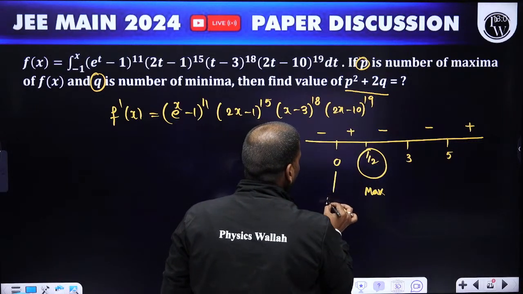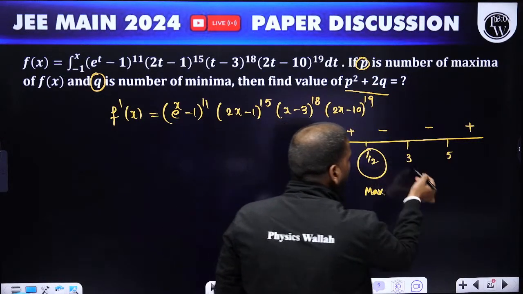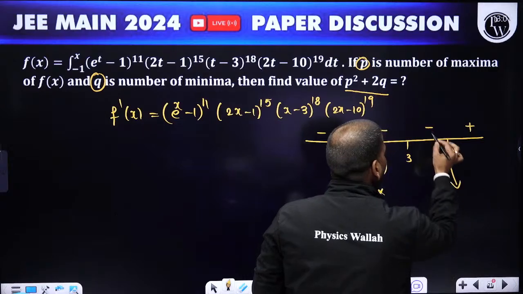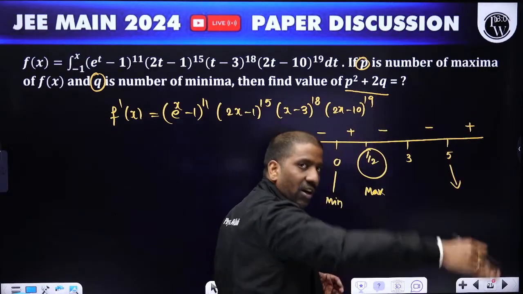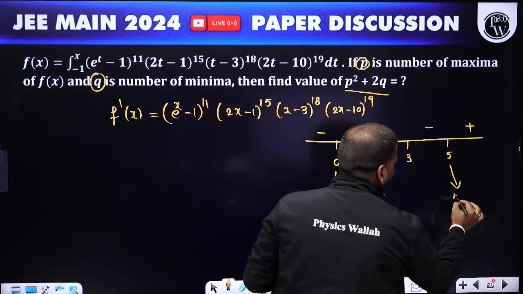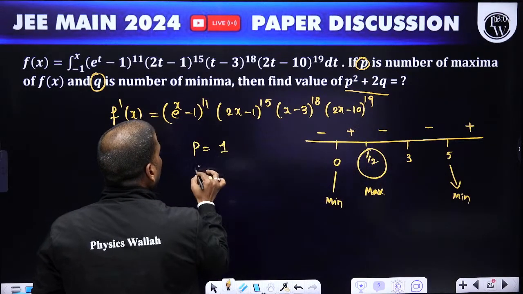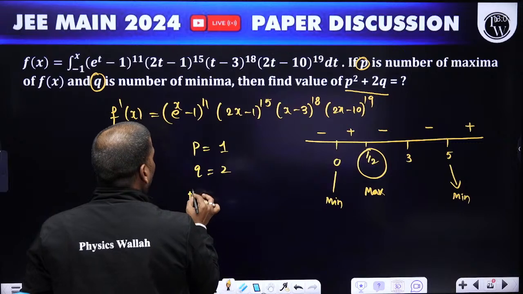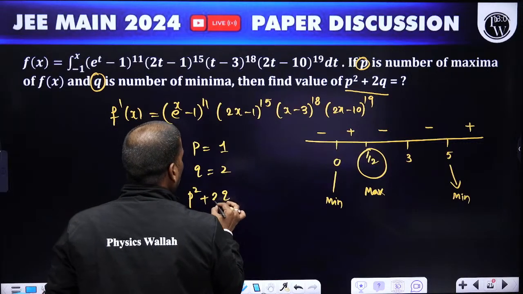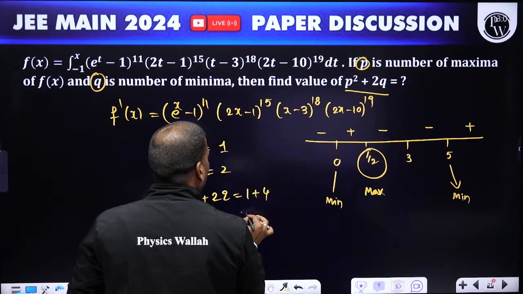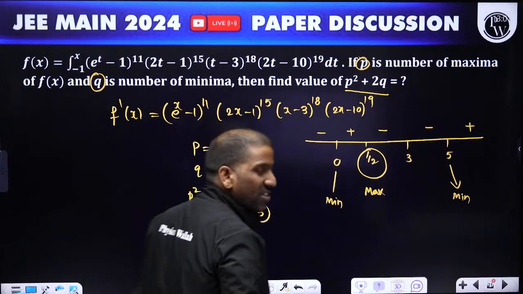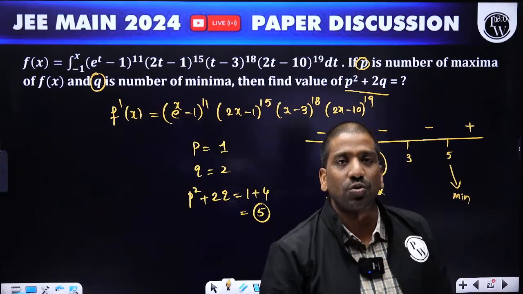So this is a point of minima. Point 3 is not an extremum. So what about this point? Left side negative decreasing, right side increasing. It's a point of minima. So P is 1 and Q is equal to 2. We want P square plus 2Q. So that is 1 plus 4, which is nothing but 5. So this is the easiest way to answer this question.